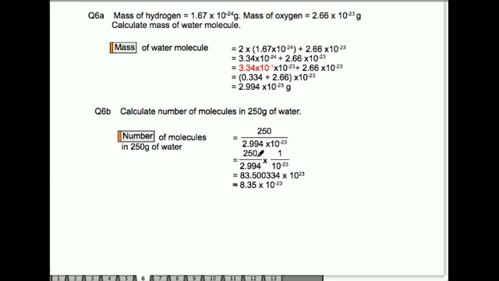So dividing this, we have 83.500334, and the power of 10, which is negative, is moved to the numerator to convert to a positive power. And reducing this to 3 significant figures, we have 8.35 times 10 to the power of 23.